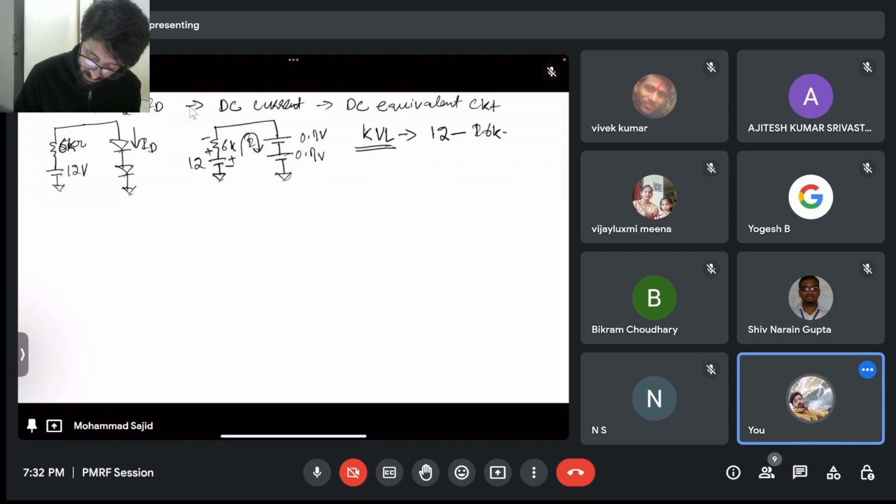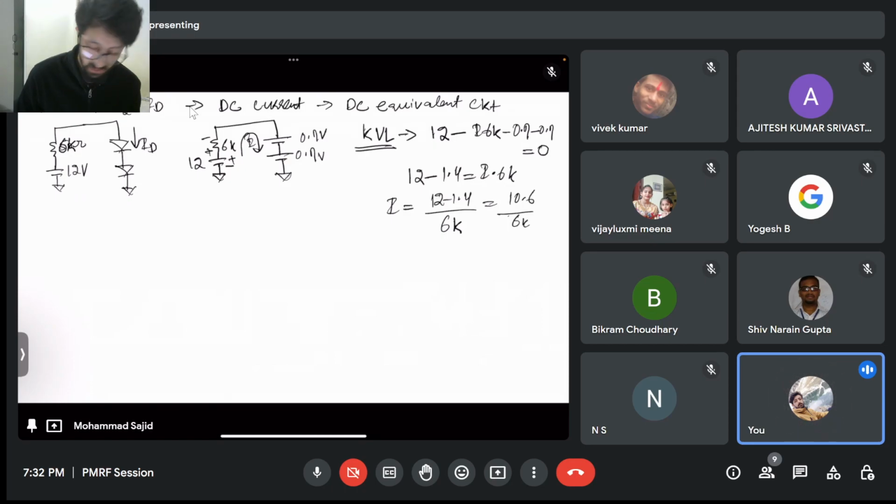You again have a drop in potential, minus 0.7, and again minus 0.7, and the total will be equal to 0. So you have 12 minus 1.4 equal to I times 6K. Your current will be 12 minus 1.4 divided by 6K, 10.6 divided by 6K, which comes out to around 1.8 milliampere.